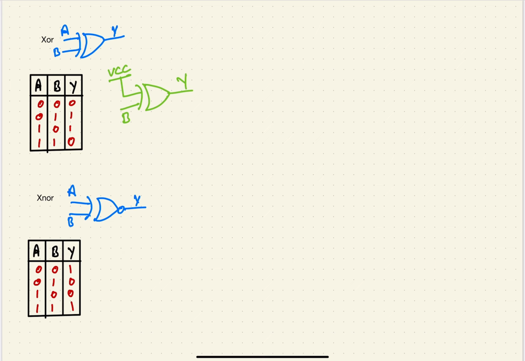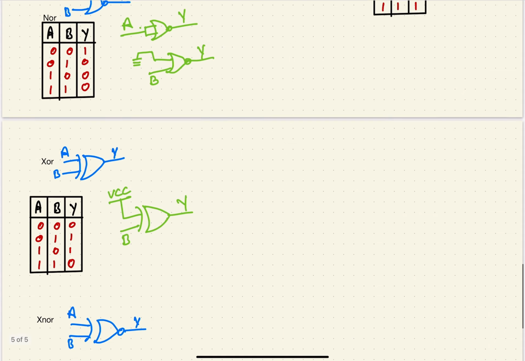So we design an inverter with XNOR gate that looks like this. This is A and this is B. If A is 0, then if B is 0, Y will be 1, and if B is 1, then Y will be 0. So it acts as an inverter.